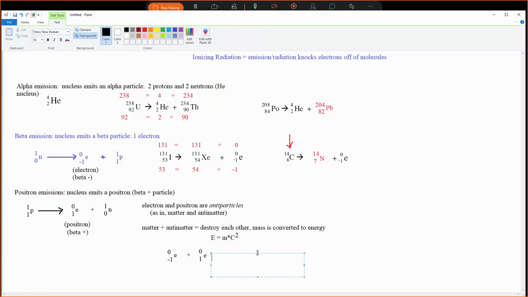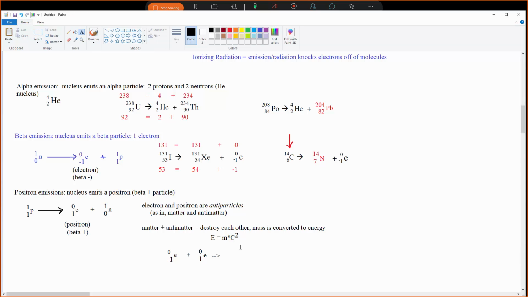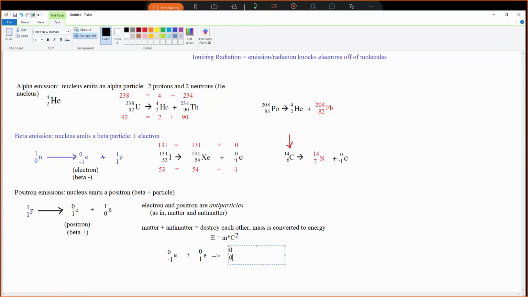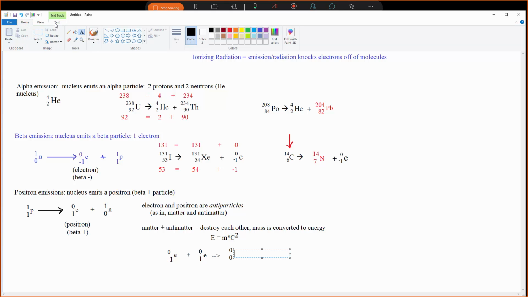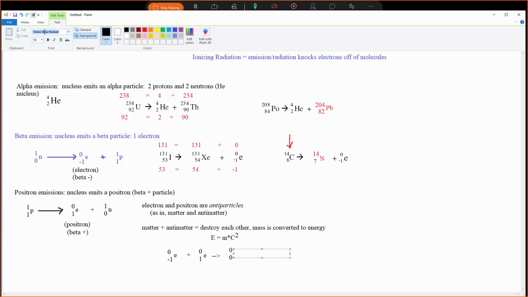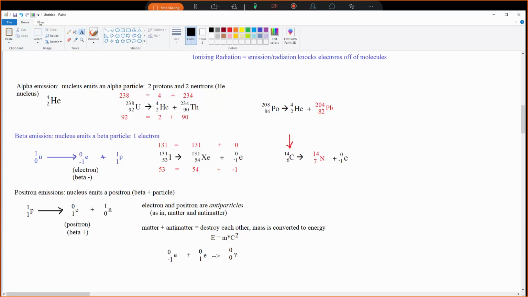Matter and antimatter collide to form energy. And you're like, whoa, unexpected Einstein, right? Gamma radiation. Okay, so this is what you actually get.